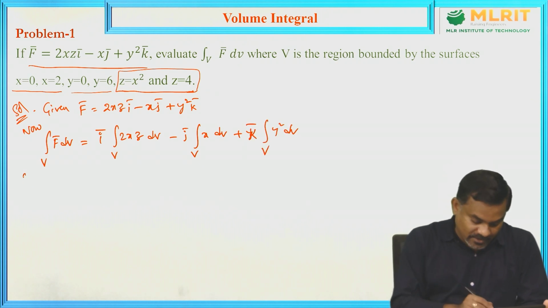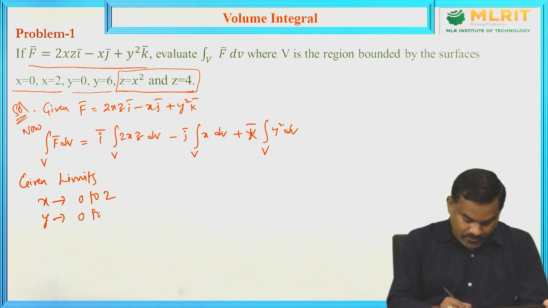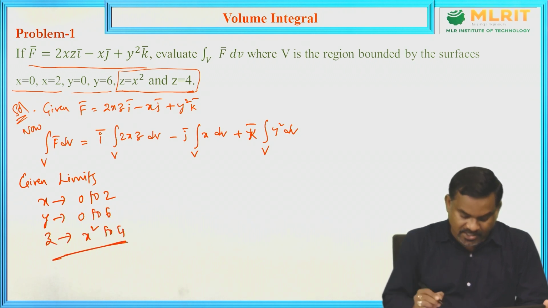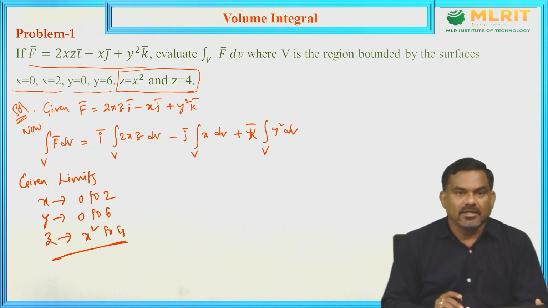And here the given limits are x changes from 0 to 2, y from 0 to 6 and z from x square to 4. Since z limits are given in terms of x, we start with integration with respect to z.